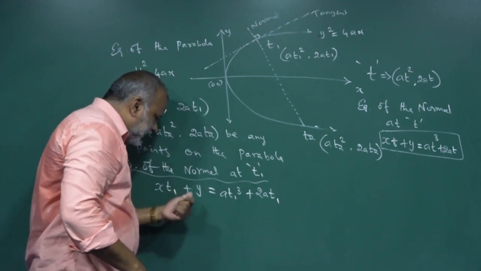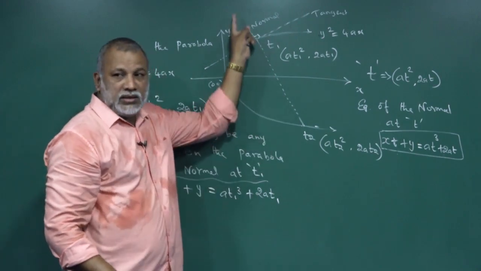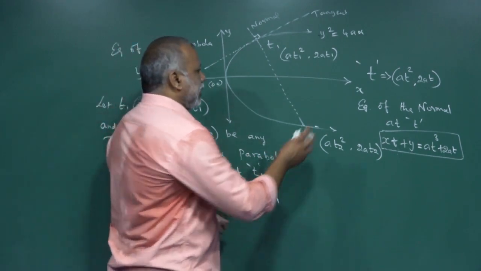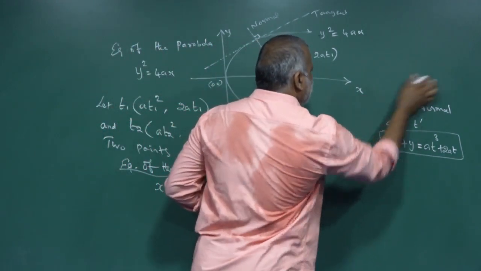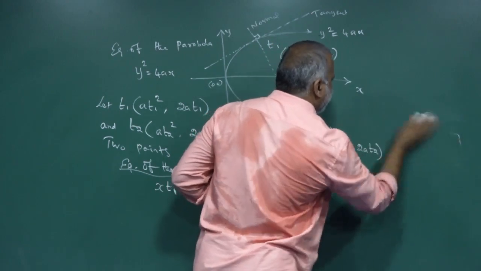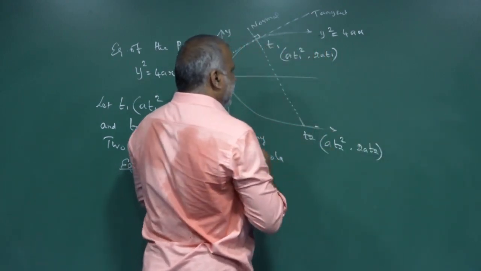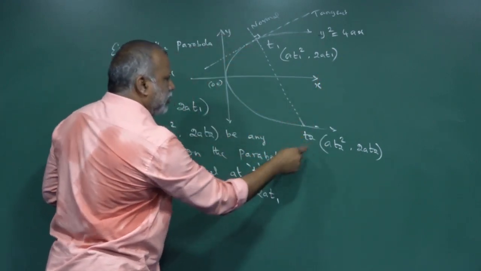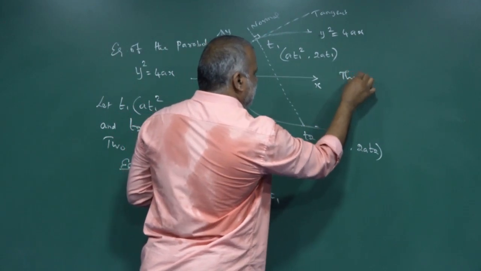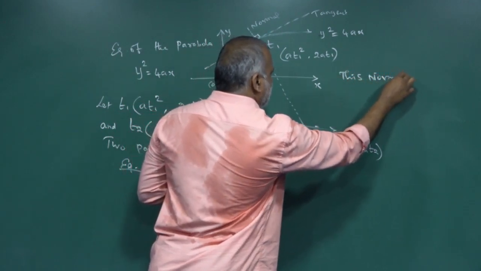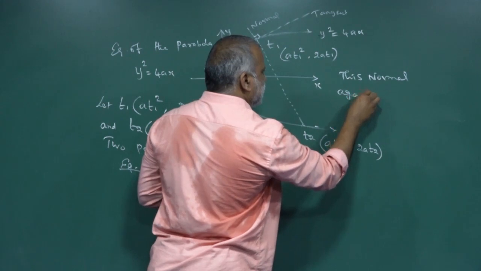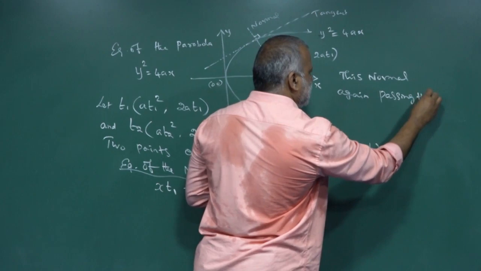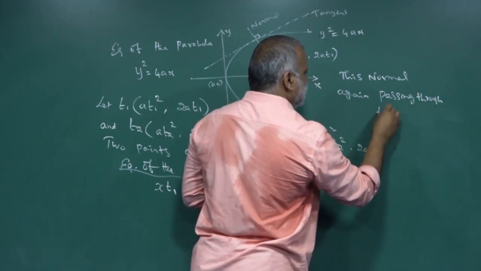See here, this normal is again passing through the point t2. Now we are going to make one more sentence: this normal again passes through t2.